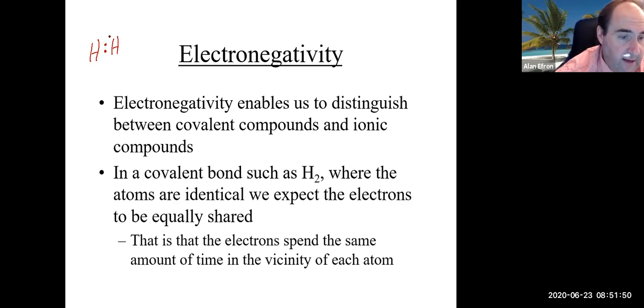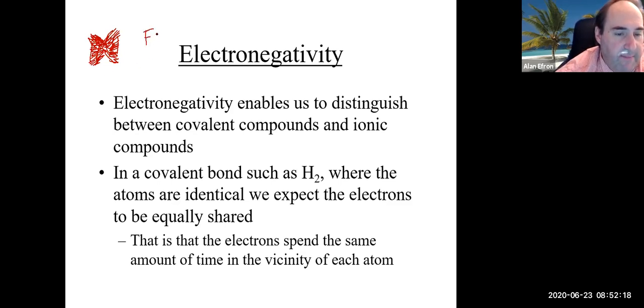If I draw some electron density, what we would expect to see is the electron density fairly equally spread out between the two atoms. And that would imply equal sharing of those electrons.